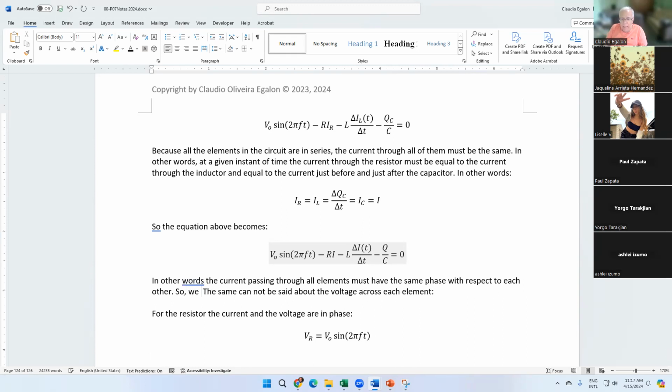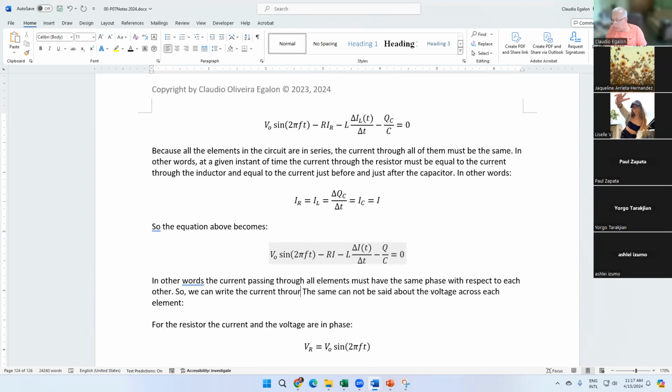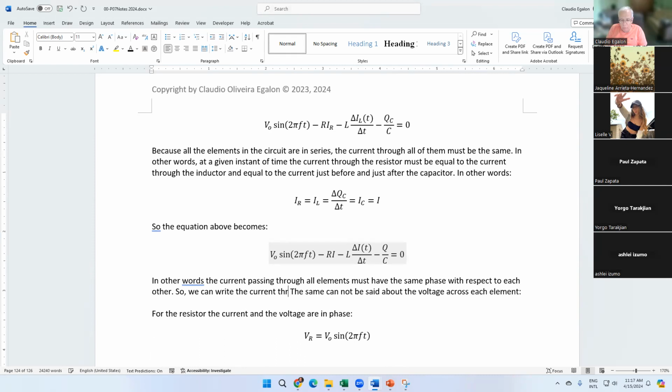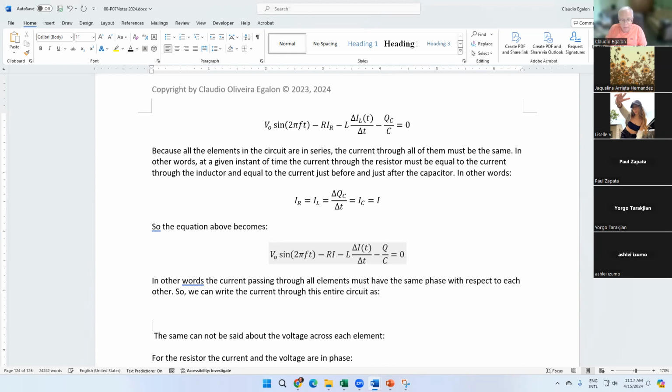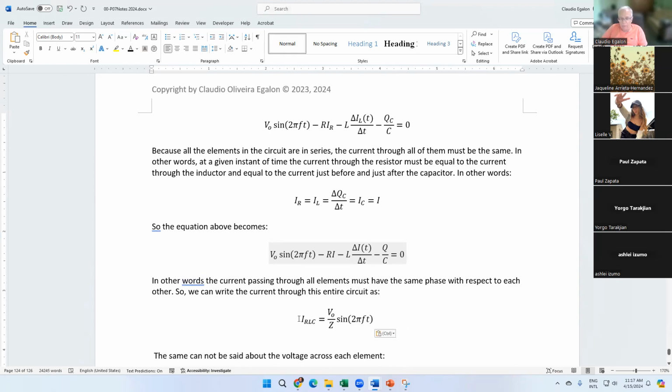So we can write the current through this entire circuit as, okay, RLC, right?